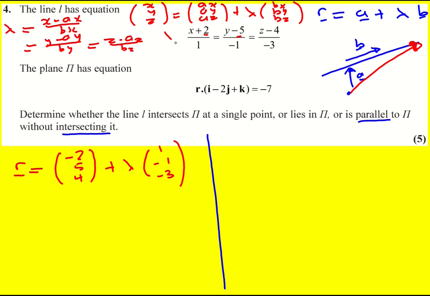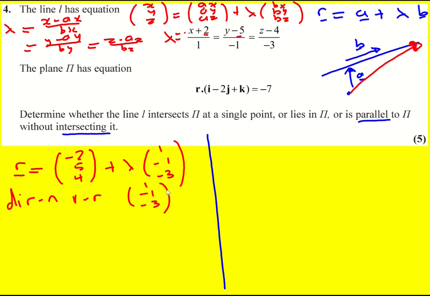So the other way to do it is just to say, right, this is lambda, and so I'm going to get x is 1 lambda minus 2, and you can see the same thing comes about. So there's our vector equation. The key thing is that the direction vector is this 1, minus 1, minus 3.